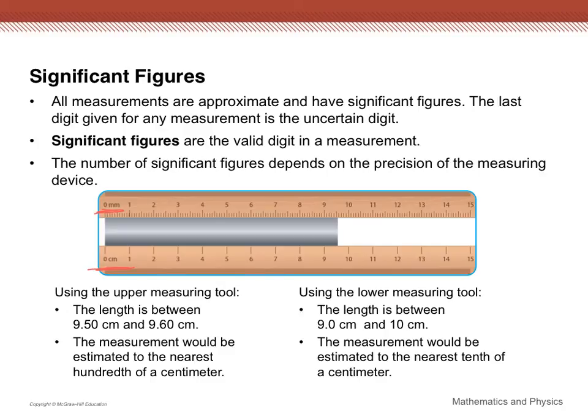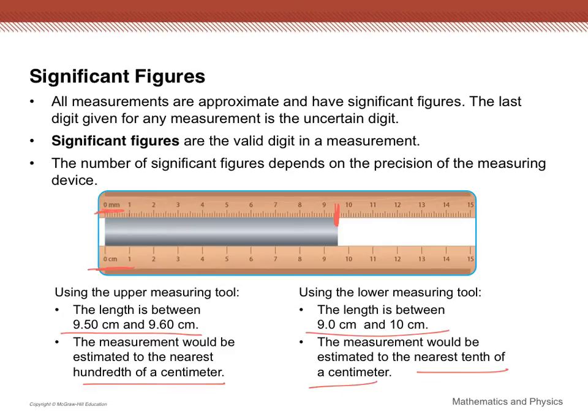Using the top ruler, we see that the measurement is somewhere in here, which is between 9.5 centimeters and 9.6 centimeters. And using the lower, we just know that it's somewhere between 9 and 10. The upper ruler we estimate to the nearest hundredth of a centimeter, whereas the lower ruler we estimate to the nearest tenth of a centimeter.